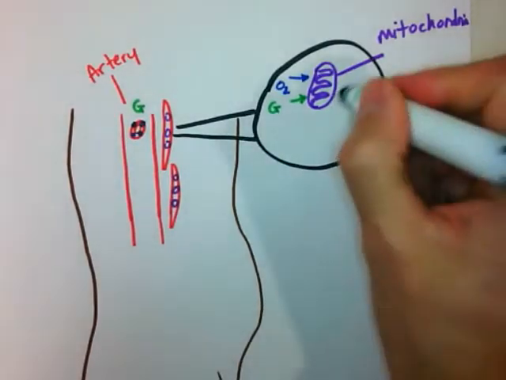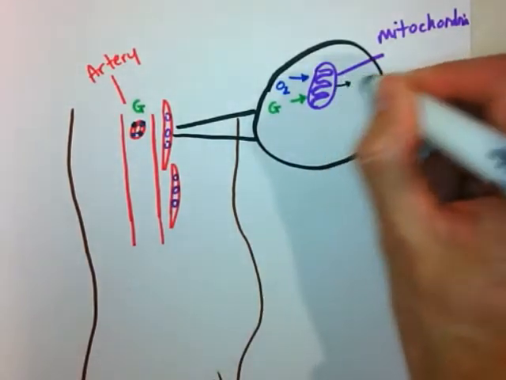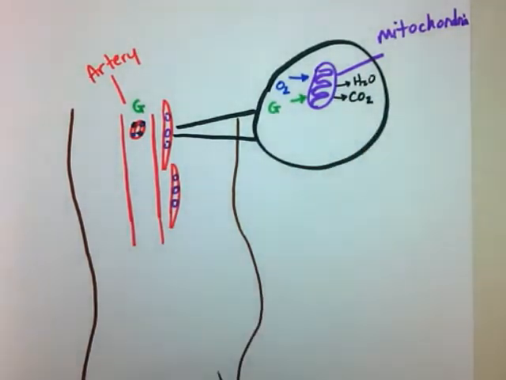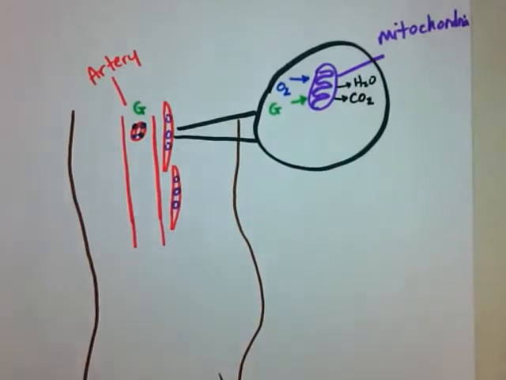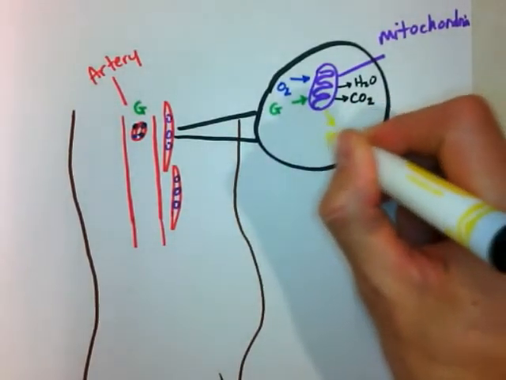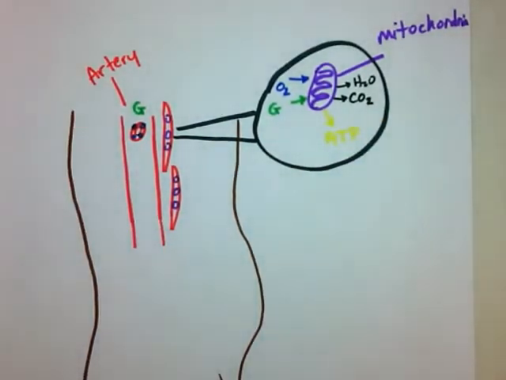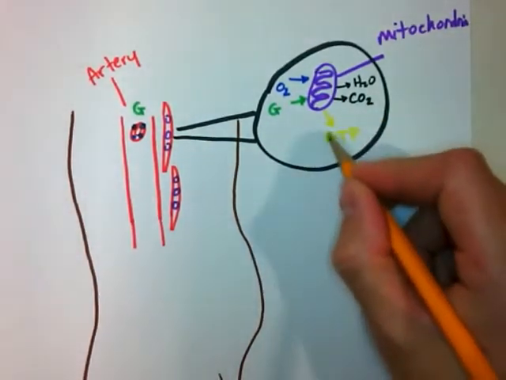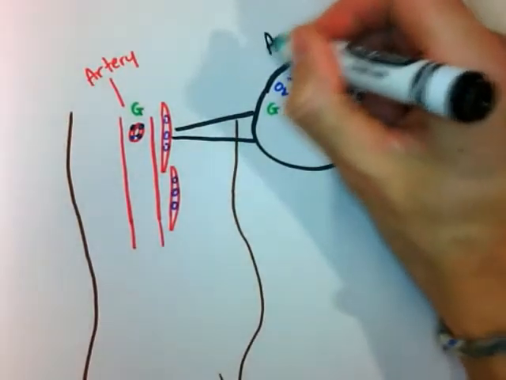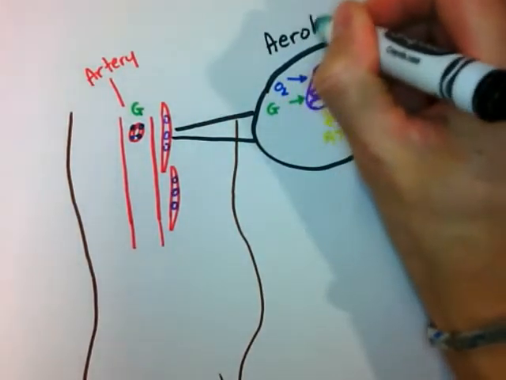We have water as a byproduct, carbon dioxide, and then of course the main thing that we want, and I hope you can see it, is ATP. So this ATP is the energy that we want. These conditions where there is oxygen present is aerobic cellular respiration.